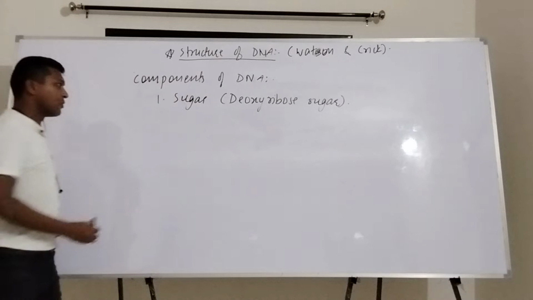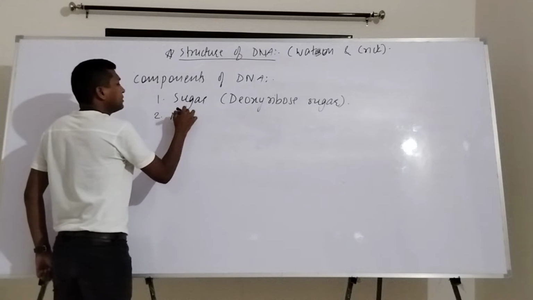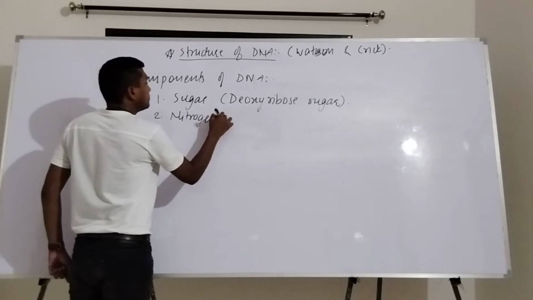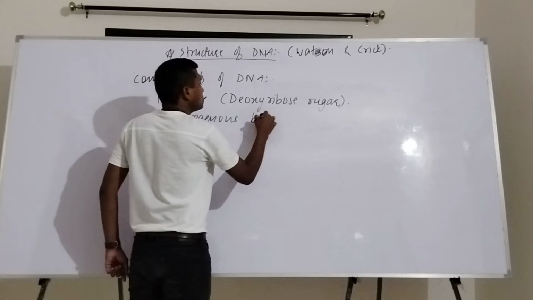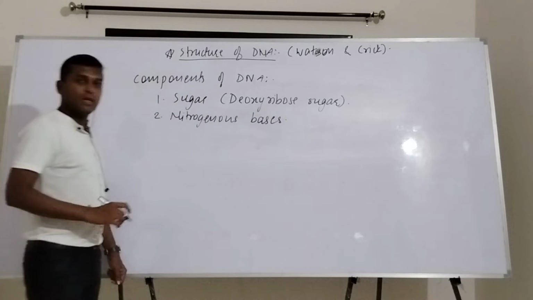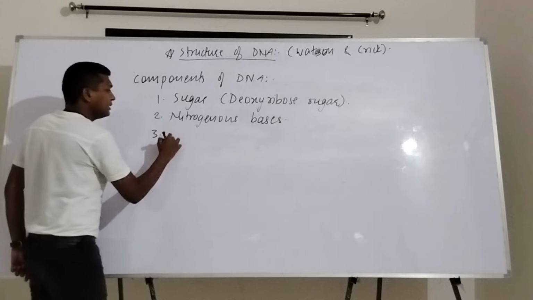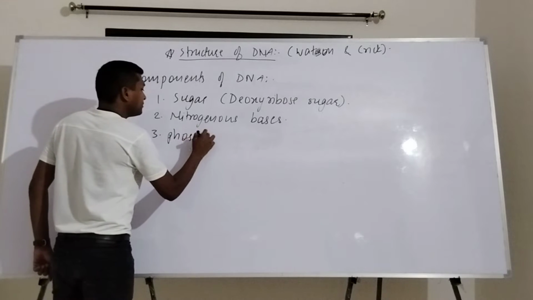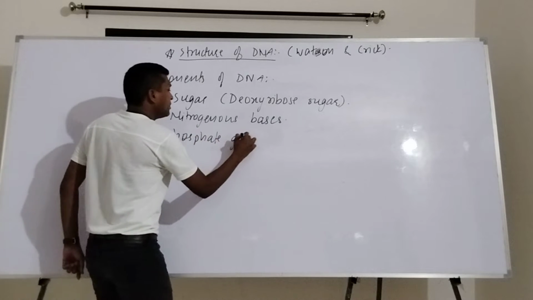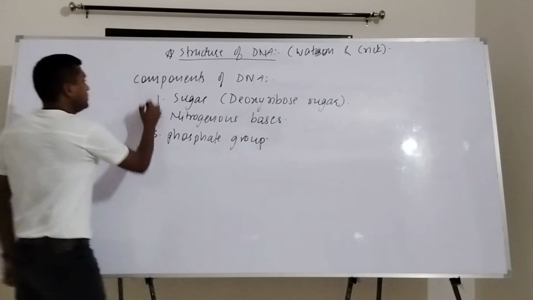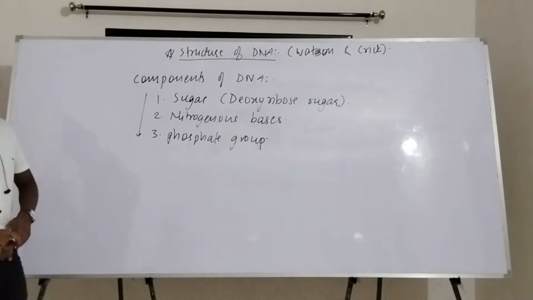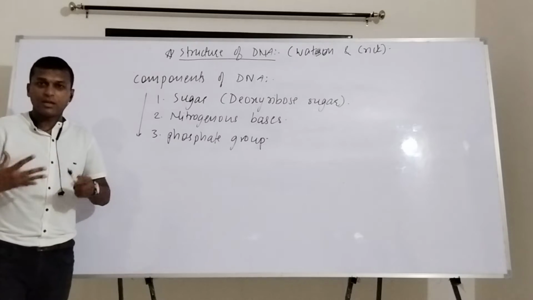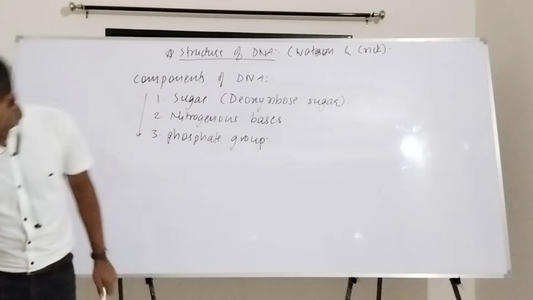Second component is called nitrogenous bases. And the third component is called phosphate group. So basically these are the three basic components from which the DNA is made.